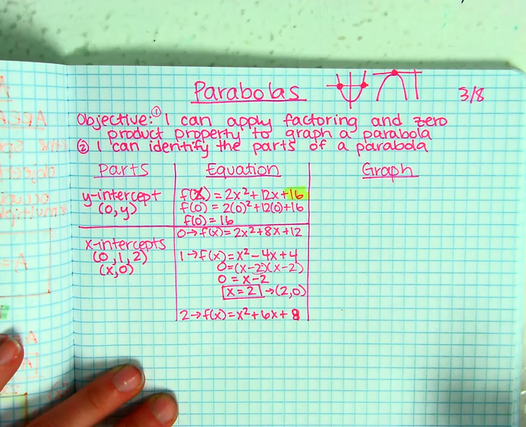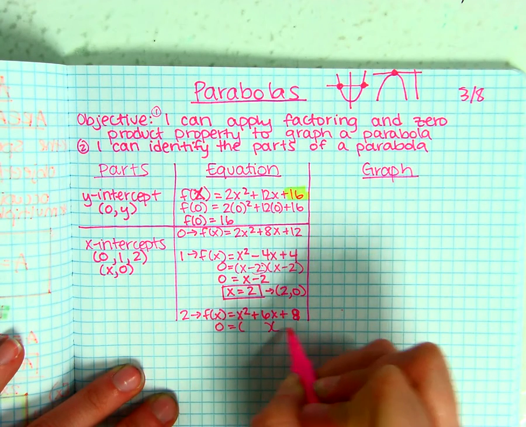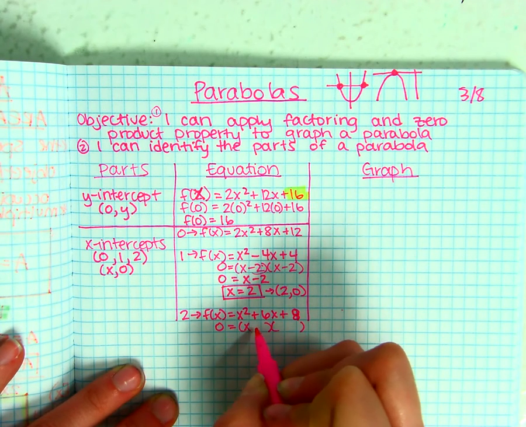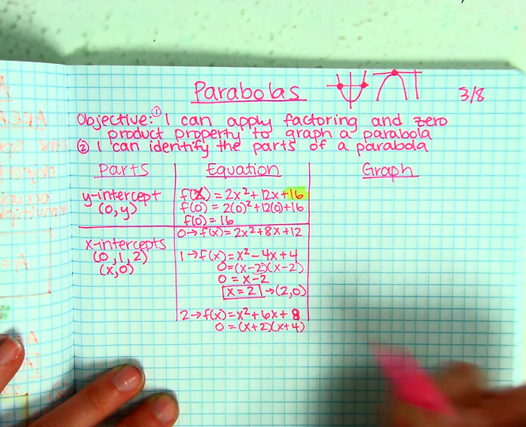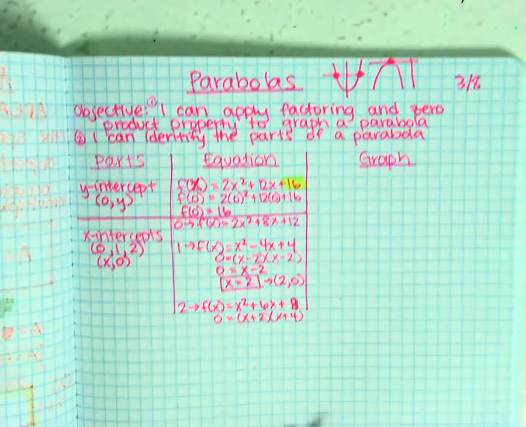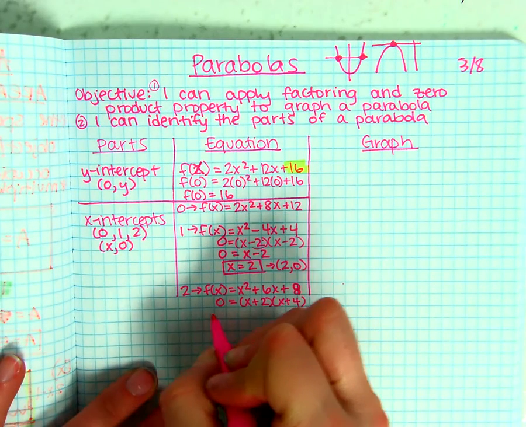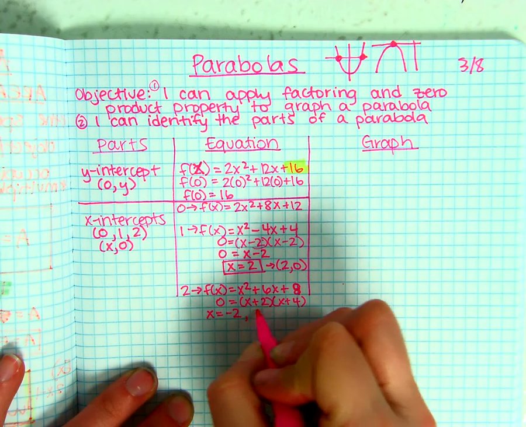Okay, so if we factor this and we set it equal to 0, we end up with x plus 2 and x plus 4. When we solve using our zero product property, we end up with x equals negative 2 and x equals negative 4.